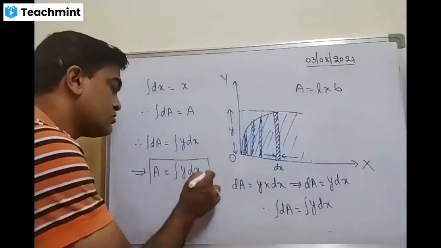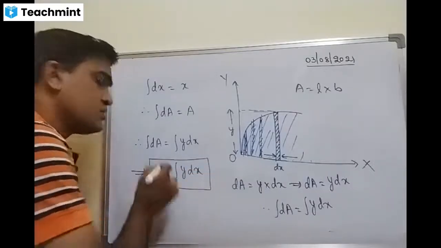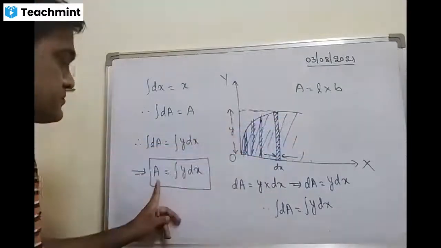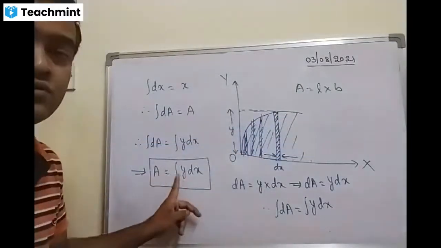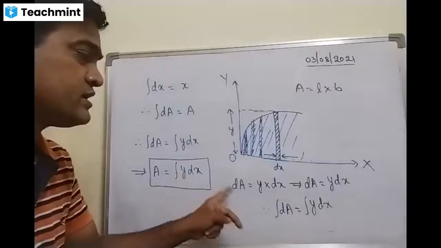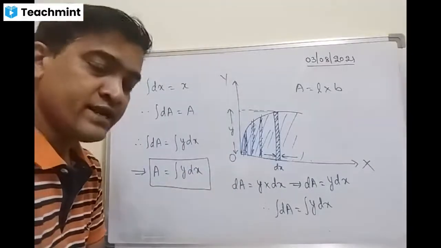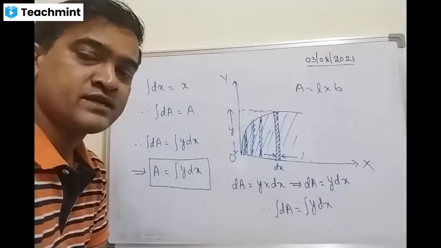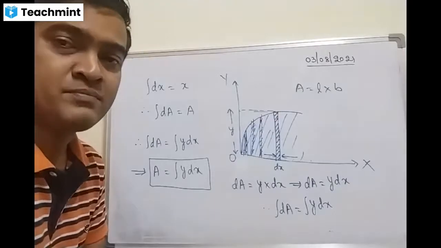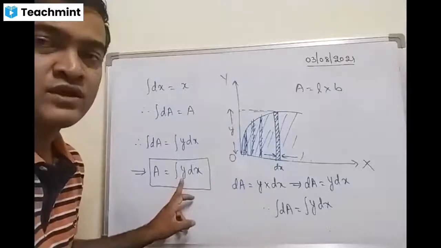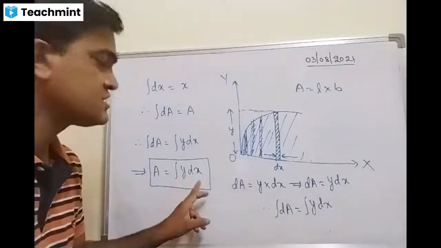This is how you can find the area of the total shaded region, which is equal to integral of y into dx. Important: in integration you will get a multiplication of two quantities. y is one quantity, dx is another quantity.